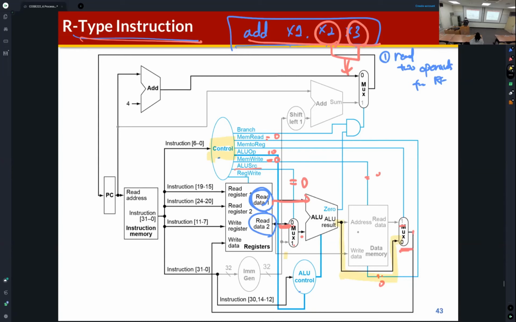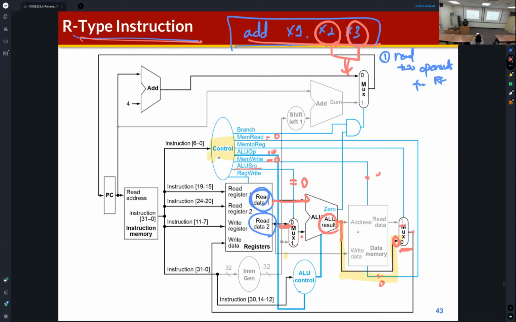So if the current instruction is an arithmetic or logical instruction, which input needs to be activated? Actually, this is the R-type instruction, so we need to store the result from ALU, right? So the output of this multiplexer needs to be connected to this input, right?